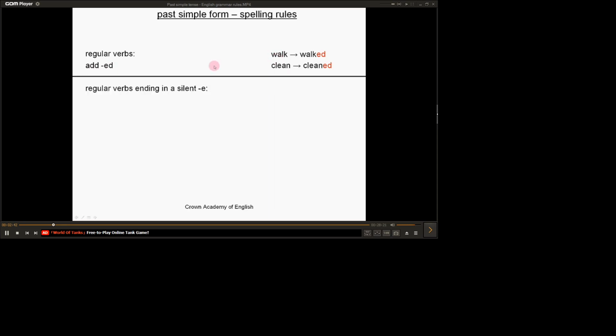For regular verbs which end in a silent e, we just add a letter D. We do not add ed because there is already an E at the end. Example, die, died. Close, closed. And many others.